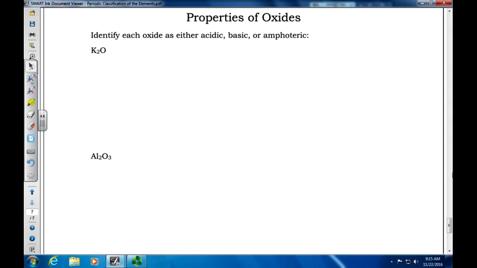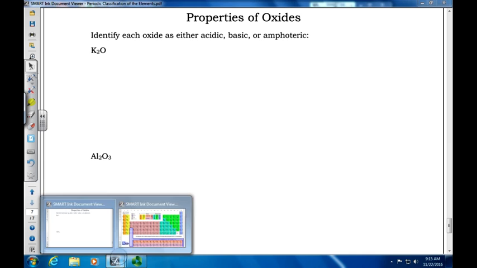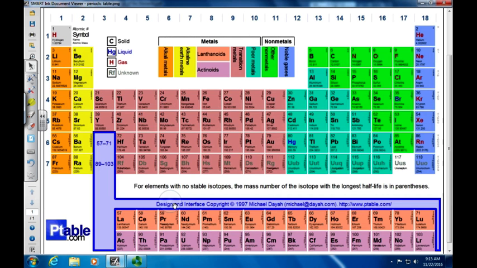We've got potassium oxide, which basically what you want to do whenever you're identifying oxides is you want to take each instance that is the item that is connected to the oxygen and look at where it lays on the periodic table.